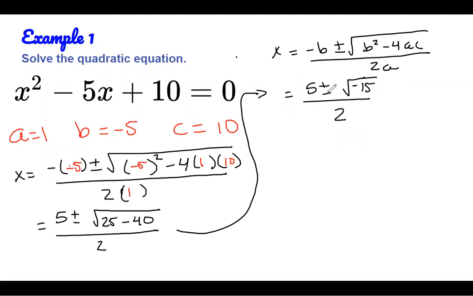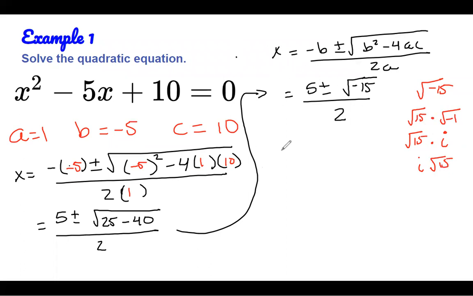Whenever that happens, we have to make it into an imaginary number. So let's imagine that I have the square root of -15. I know that this is the square root of 15 times the square root of -1. We said that the square root of -1 is automatically i. And the square root of 15, can we simplify this any further? No, there's no perfect square that goes into it, so we're leaving it as that. So the way that we write this is i square root of 15.